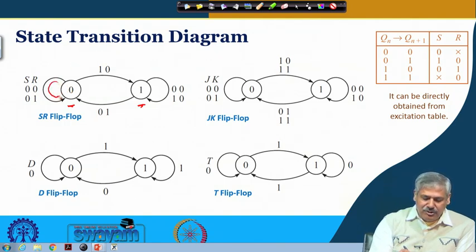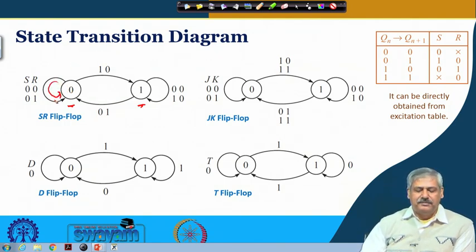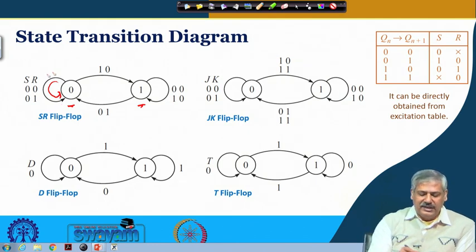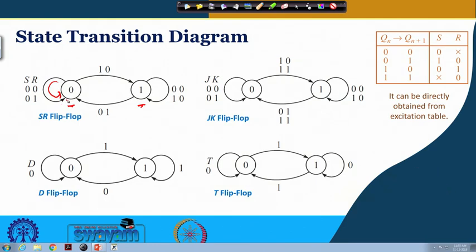That is what is shown through this line, and this arrow mark shows where it goes. And if it is at state 0 and it receives 0 1, it will stay at 0 only. So it is remaining at 0 for the cases 0 0 and 0 1.